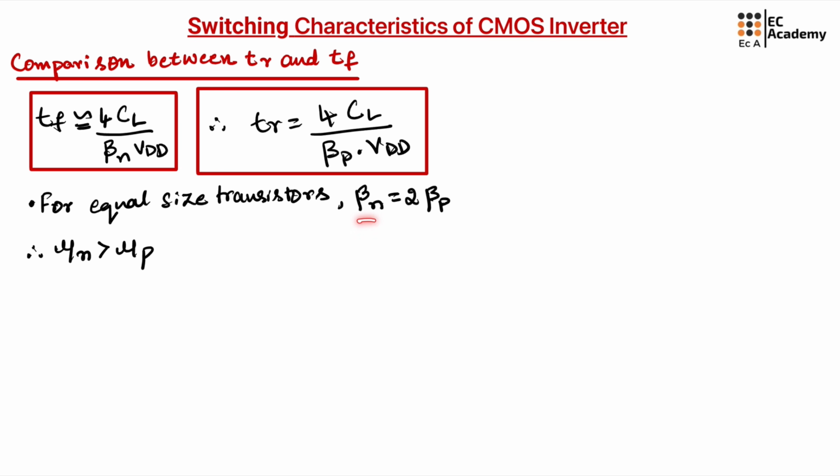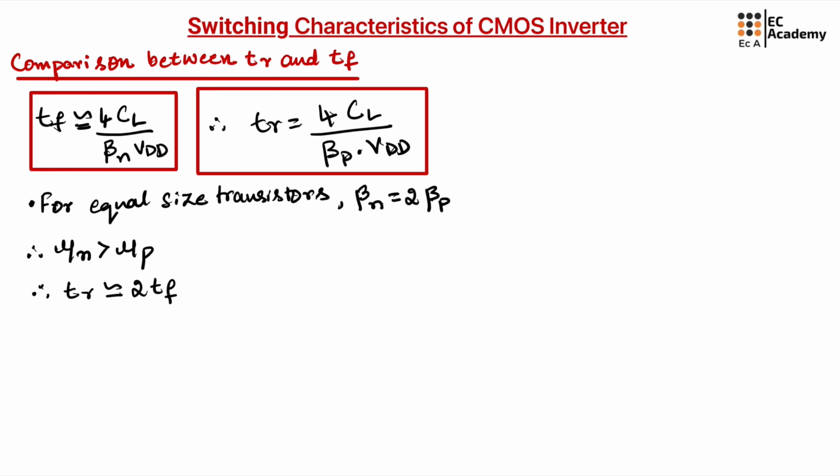That's why beta n is 2 times beta P. Therefore, the rise time TR is approximately equal to 2 TF. This means the rise time is approximately equal to twice the fall time for equal sized transistors.